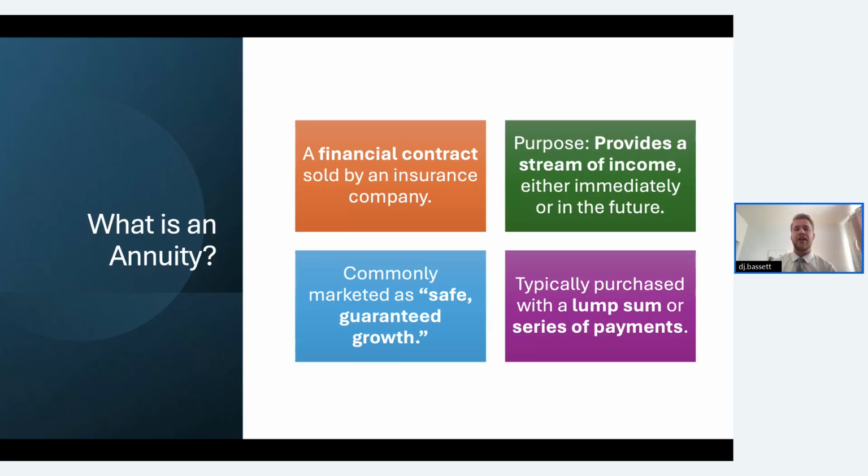So they are agreeing to a certain rate of return, and they're offering that to a client, an individual. And then there are a lot of added things that can be put into it. But at its basic core, that's what it is. It's a contract between an individual and an insurance company, and they agree upon a certain rate of return or a certain set of conditions, and the individual will then give money to the insurance company.